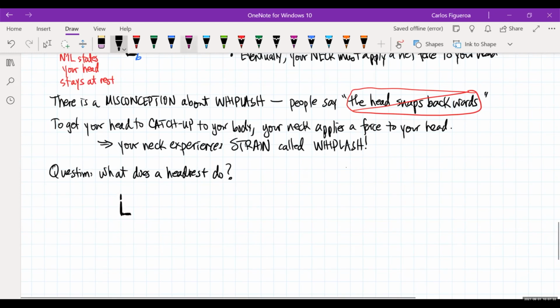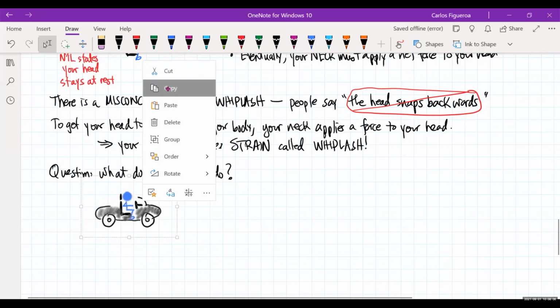I'm adding a headrest. So if I look at my body, here's my head. Then if I look at the car, I know that the car's got to look something like this.